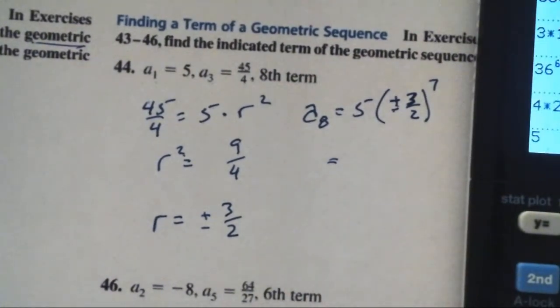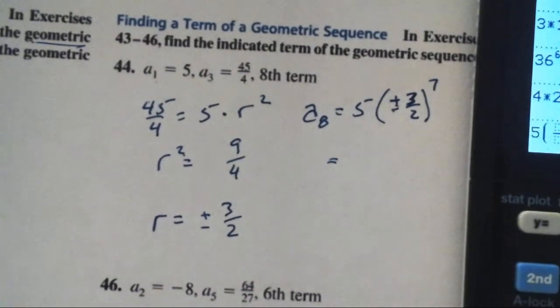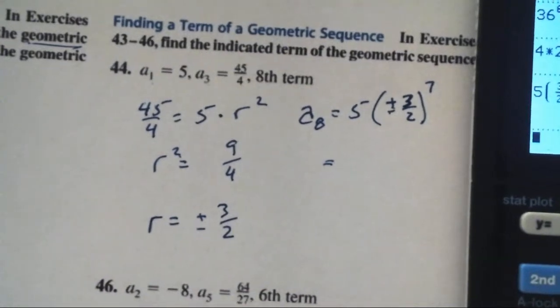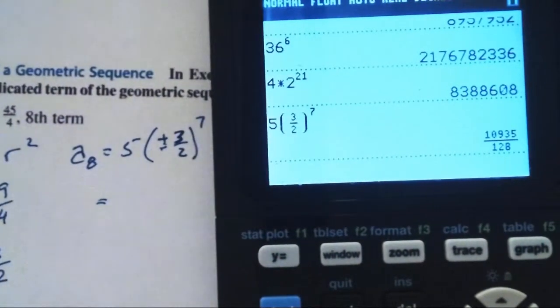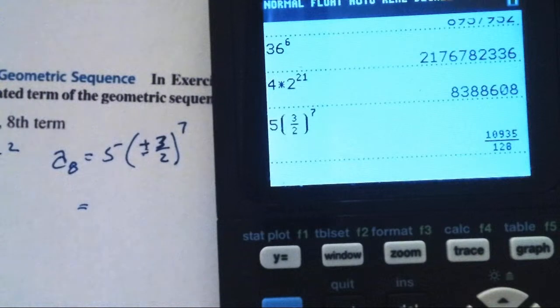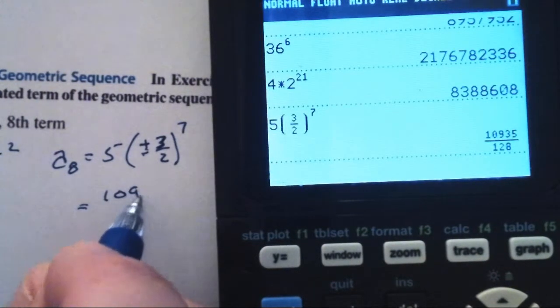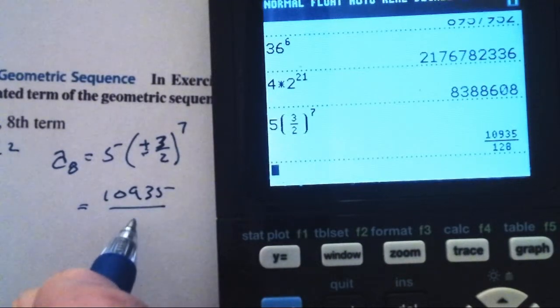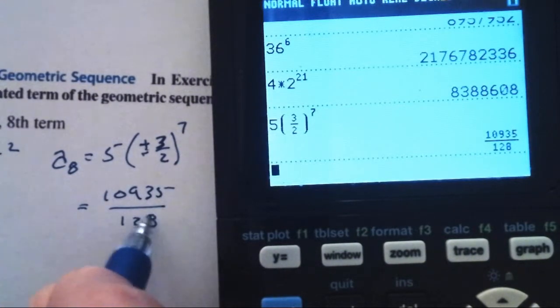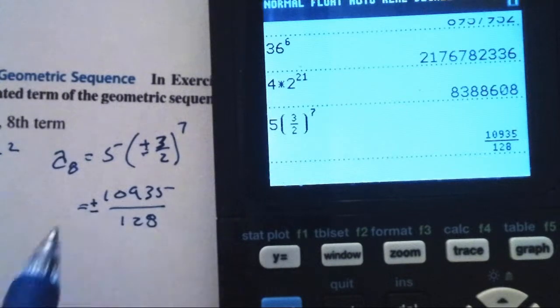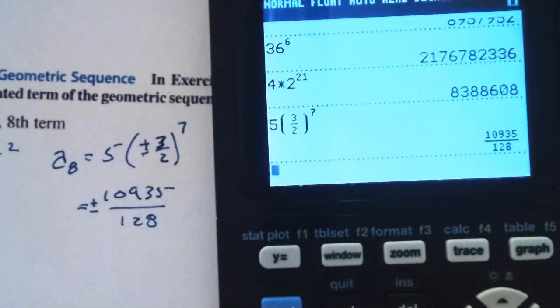So let's see. 5 times, I think I will enter this one as a fraction. I'm just going to go with the positive version. 3 halves raised to the 7th, and I get 5 times 3 halves raised to the 7th, I get 10,935 on 128, but that is plus or minus that.